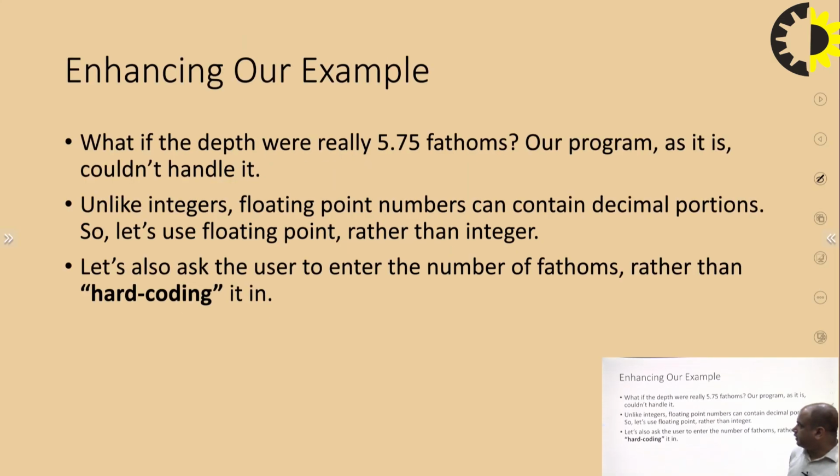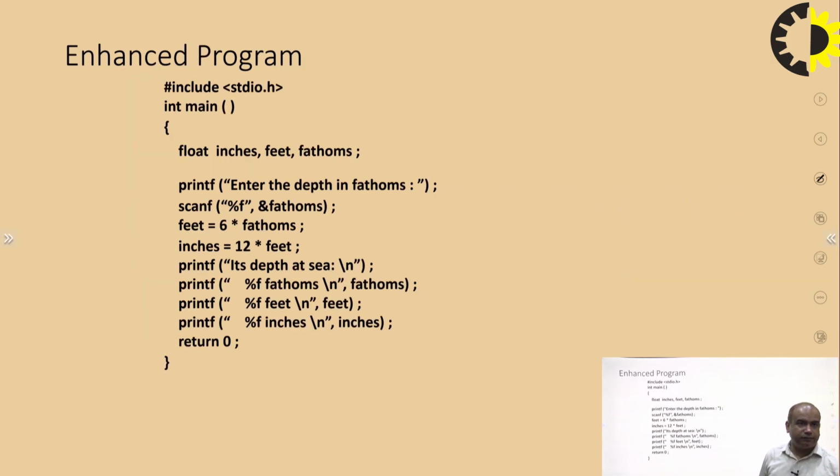Enhancing our example, what if the depth is really 5.7 fathoms, our program could not handle it. Unlike integer, a floating point number can contain a decimal point. So let us use floating point rather than integer. Third point, let us also ask the user to enter the number of fathoms rather than hard coding it.